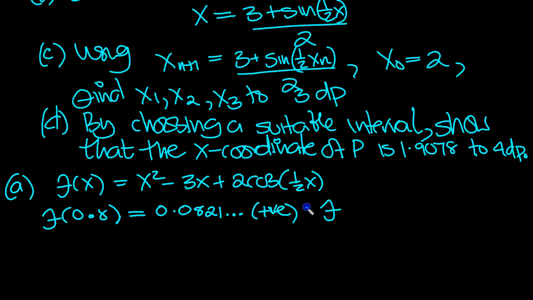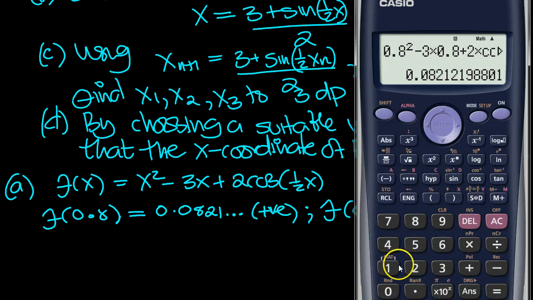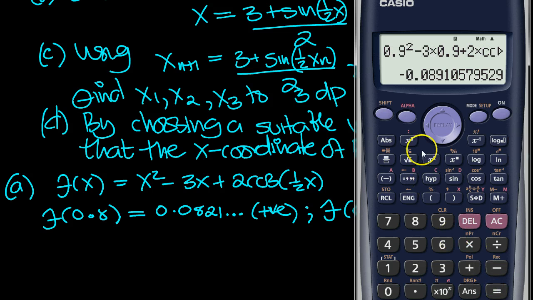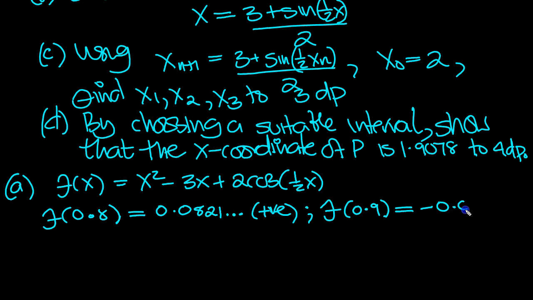Okay, let's try f of 0.9 now and see what that equals. Let's toggle back and change the 0.8s all the way through the expression to 0.9s. Minus 3 times 0.9 plus 2 times cos of 0.9 times a half equals minus 0.0891, which is negative.